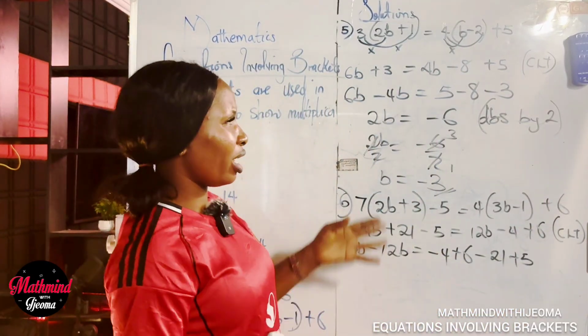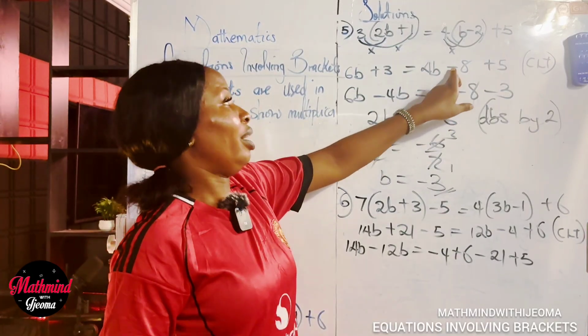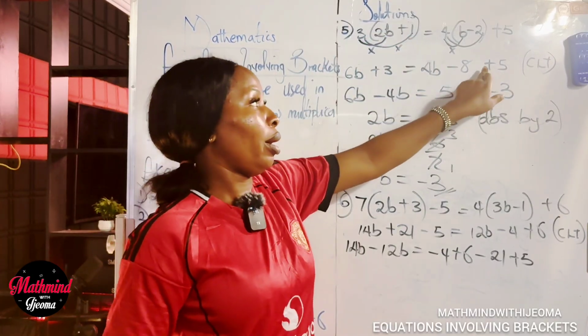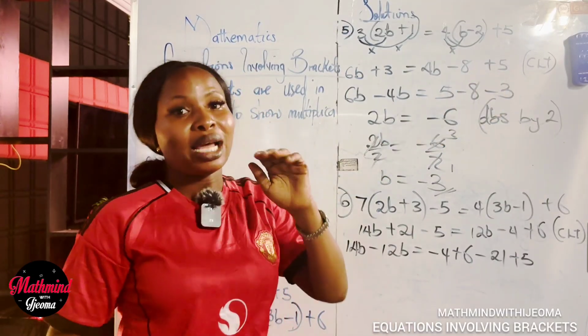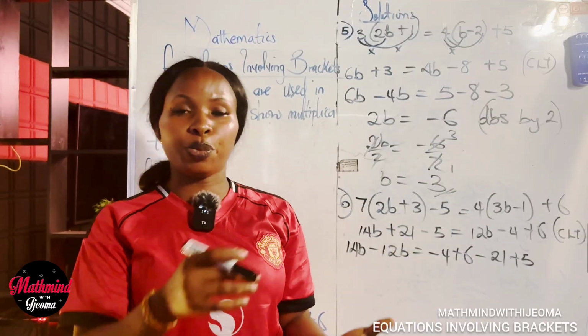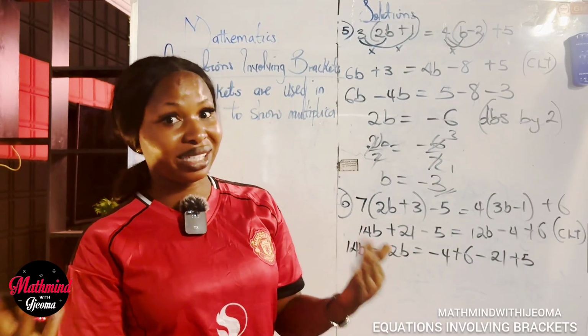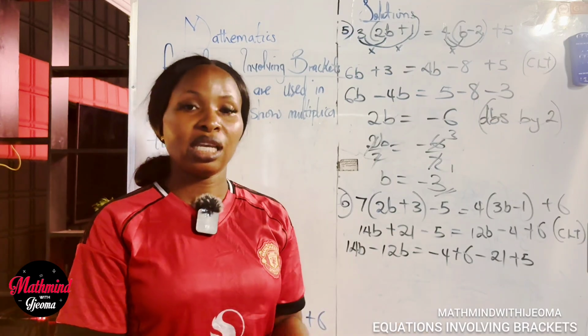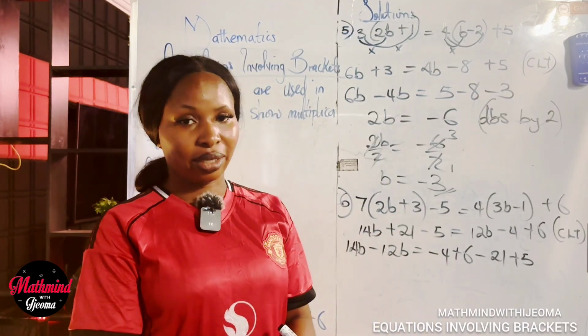Somebody will be wondering why in this place I didn't take the minus 8 first before plus 5. It's the same thing, but it's advisable that you keep your positive before the negative. It's just advisable, but that does not mean that if you take it the other way around, it will give you a different answer.